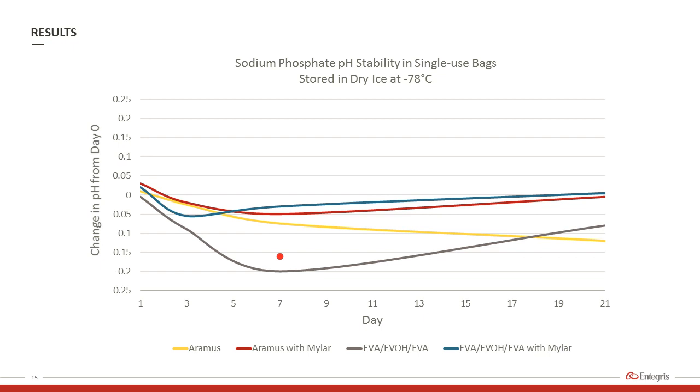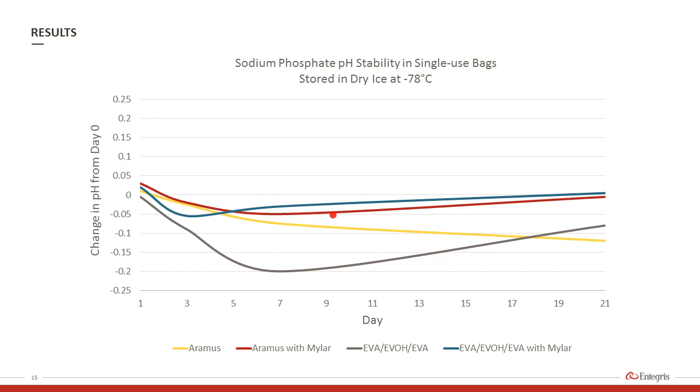We're looking at approximately 0.15 change or difference between the single layer and the multi-layer bag. And then out here at the day 21 time point, both of these bags had very comparable pH stability.